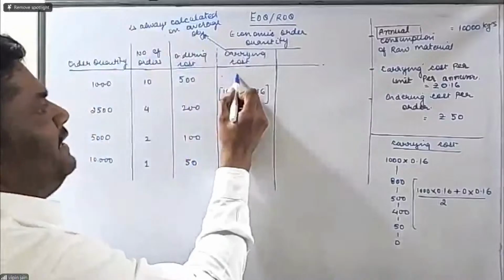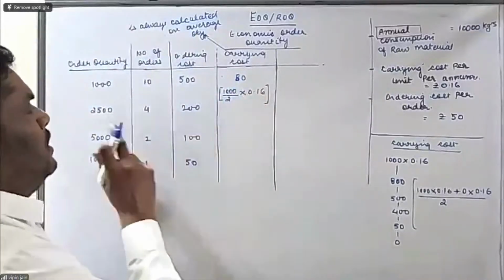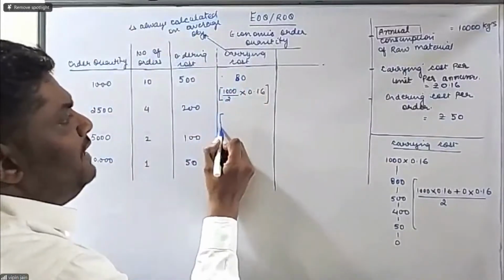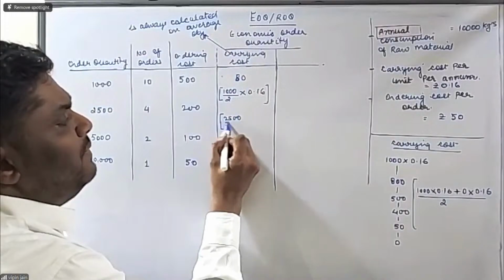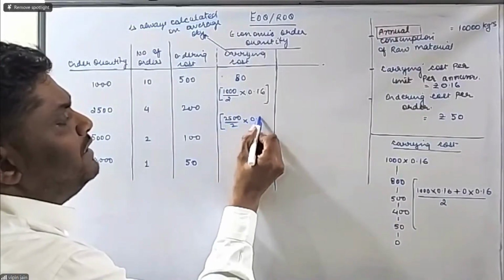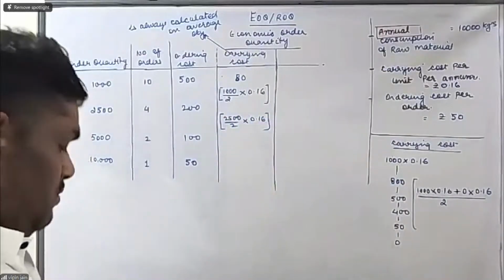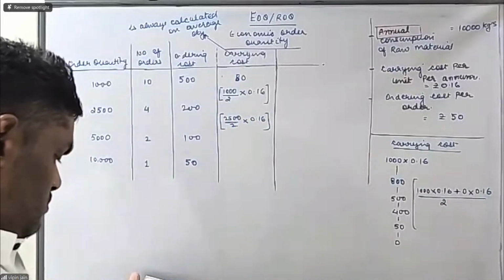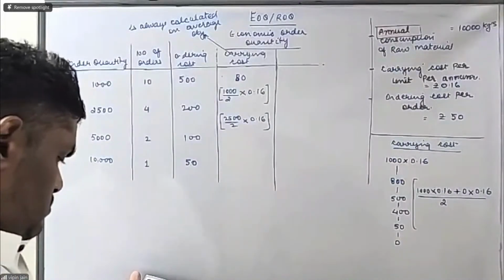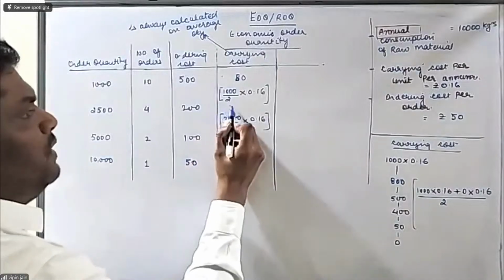So this will be 80. Similarly here, 2,500 divided by 2 into 0.16. So this will be 200.